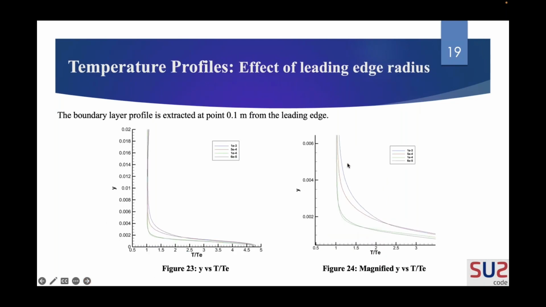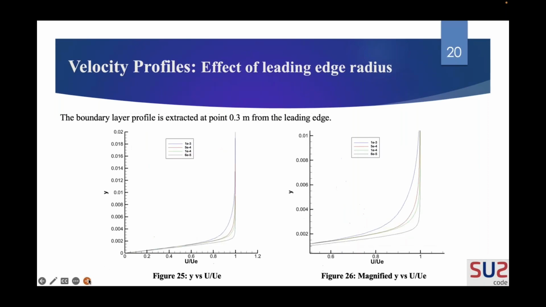Same thing can be observed for the temperature profile, how this is the least blunt leading edge and this is the most blunt leading edge, and how the boundary layer thickness is being affected by it. This is for the 0.3 location, earlier was for 0.1 location.